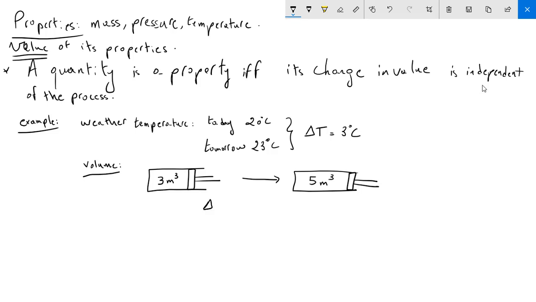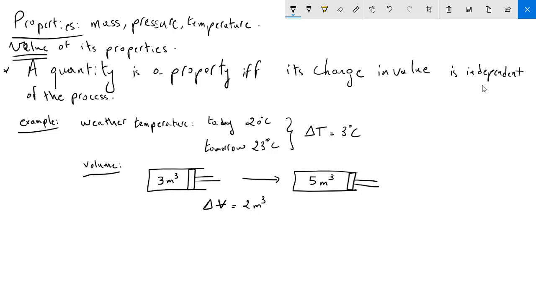So the change in volume is 2 meter cube. I did not care how the volume changed from 3 to 5 meter cube, but the change in volume is just the value of the final state minus the value of the initial state, which is 5 minus 3. So during the process, what happened to the volume did not influence the change of the volume from the initial state to the final state. That's why we consider the volume is a property.